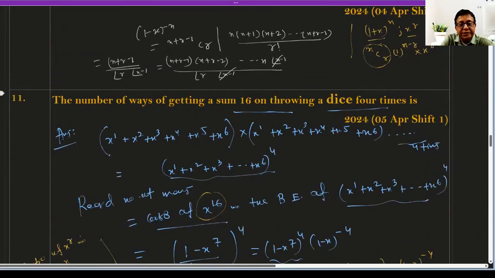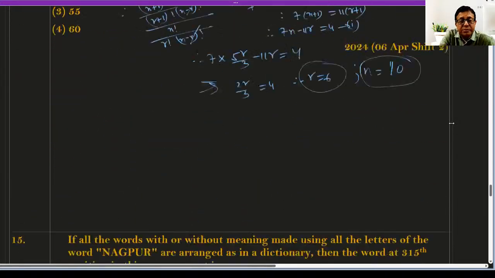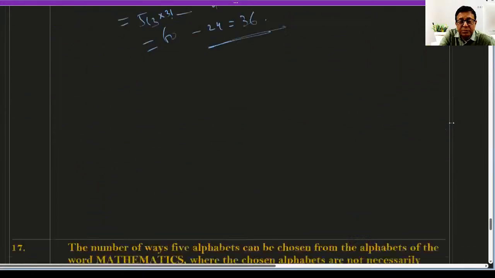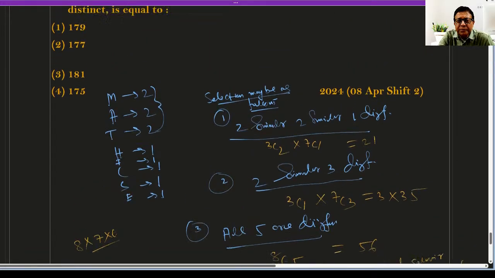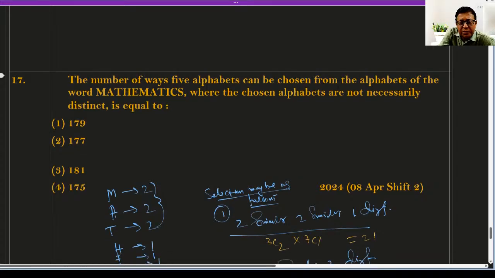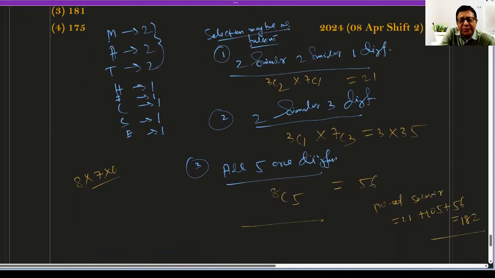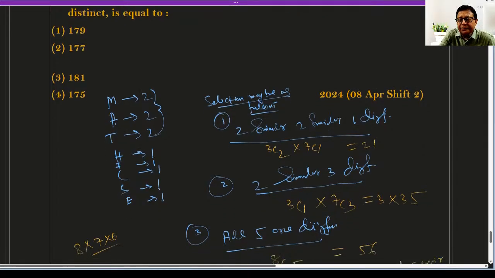No, I think I have done correctly. Check once more. 105, 126, 156, 182 is coming, isn't it?